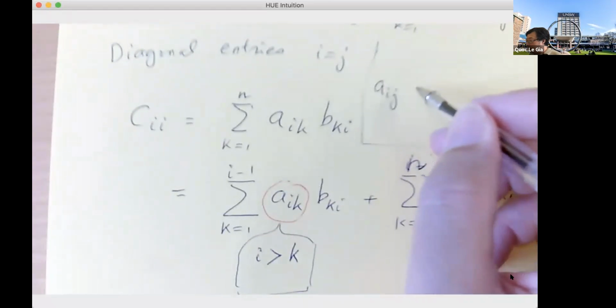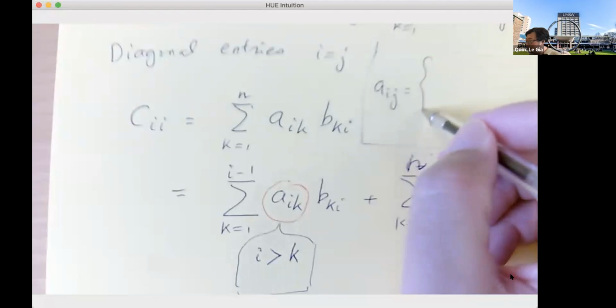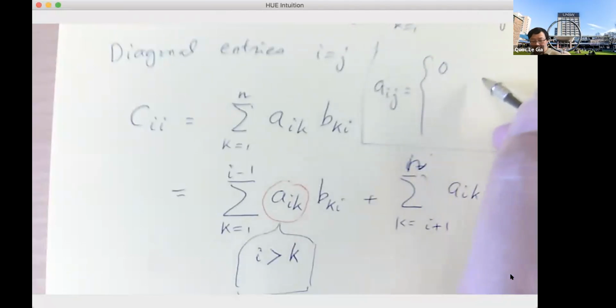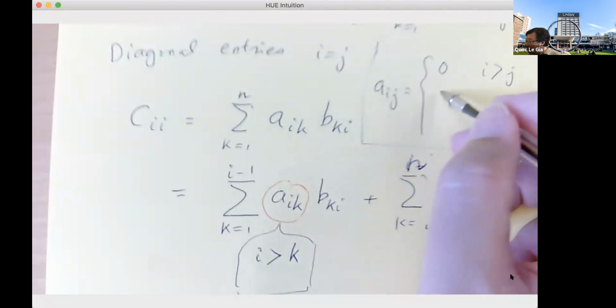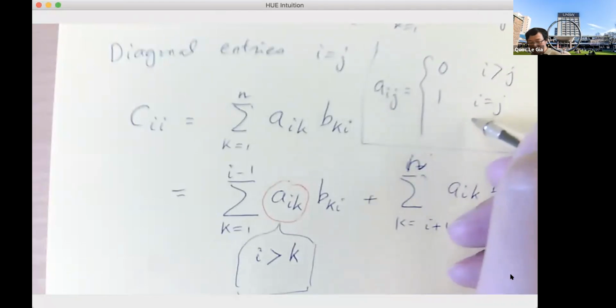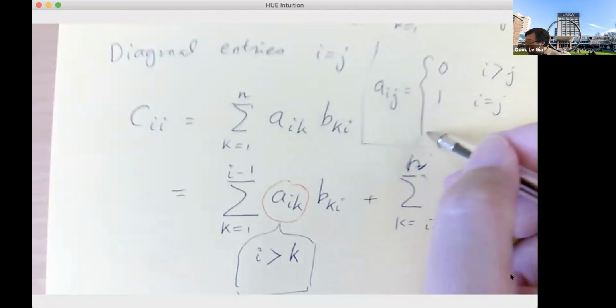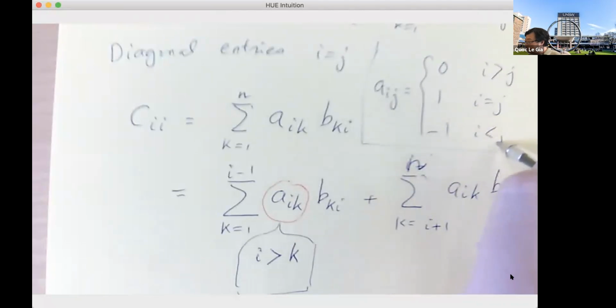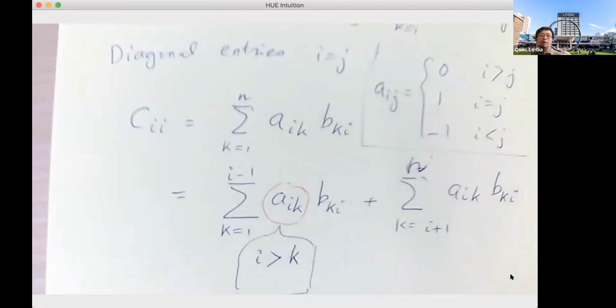So Aij is 0 if I bigger than j, equal 1 if I equal j, equal minus 1 if I less than j. Okay, so I bigger than k, you can read as the row bigger than the columns.